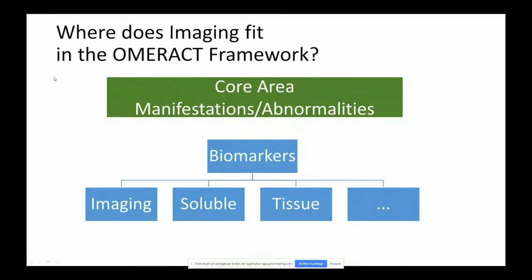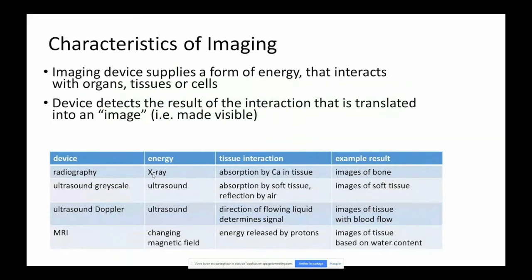I will remind what Dorcas just said, that in the OMERACT framework, imaging is working in the core area of manifestation abnormalities, can be a biomarker, and this is where the imaging outcomes are dealing with.